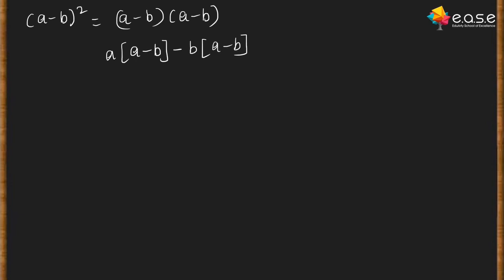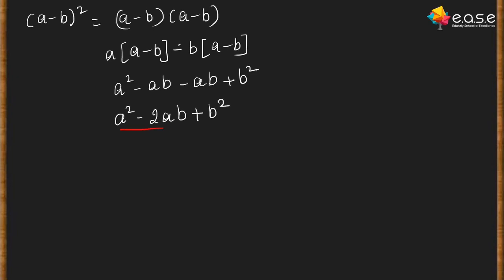This is going to give you a square minus ab, again another minus ab, and this minus into this minus: you have to multiply this minus and this minus b. So minus minus gives you a plus b square. Your final answer is going to be a square minus 2ab plus b square. Correct? So this is another formula. What is this?